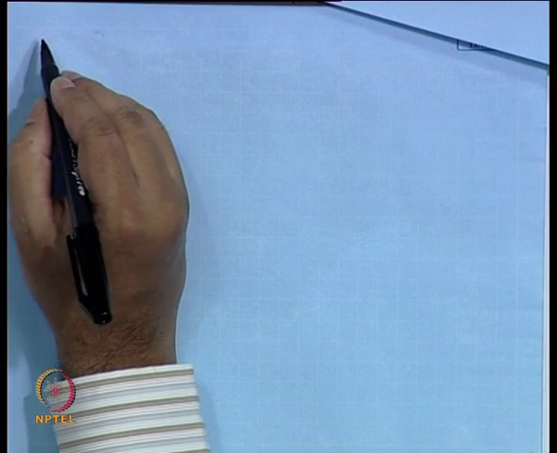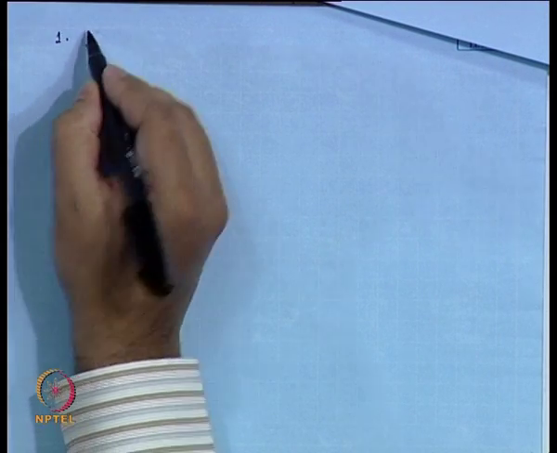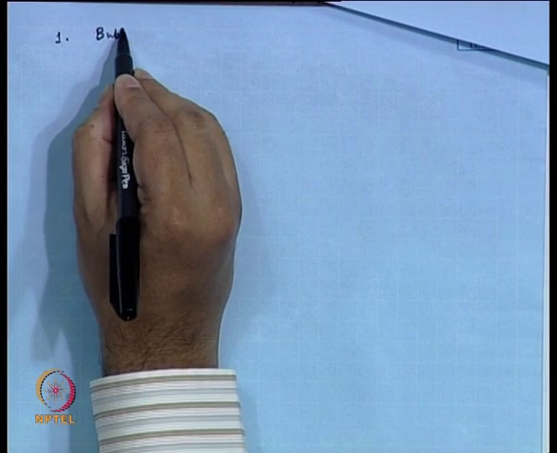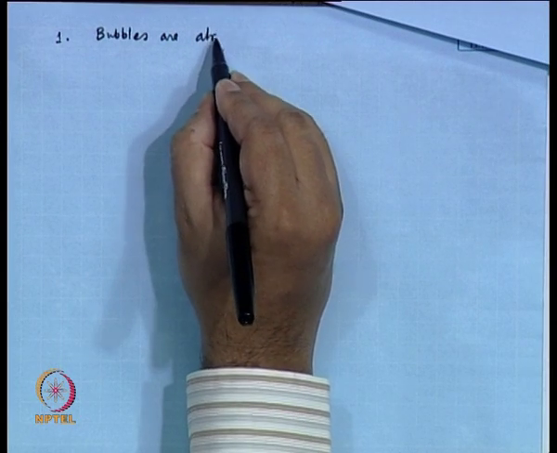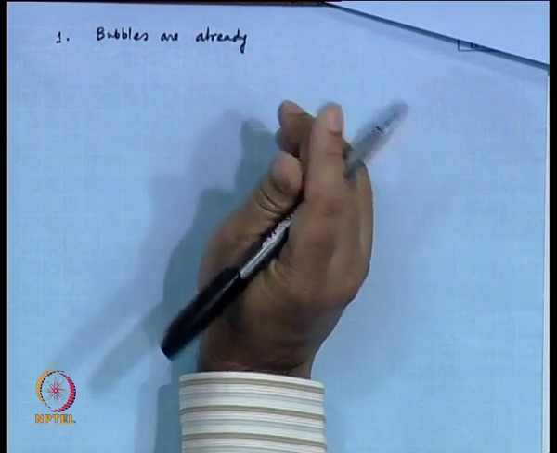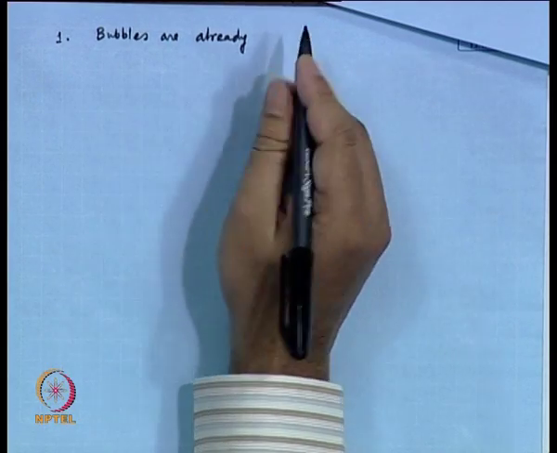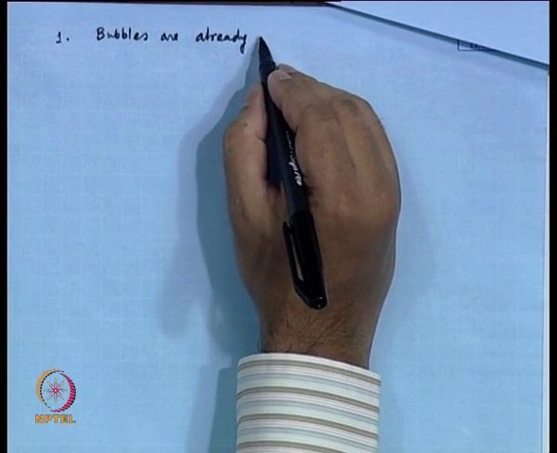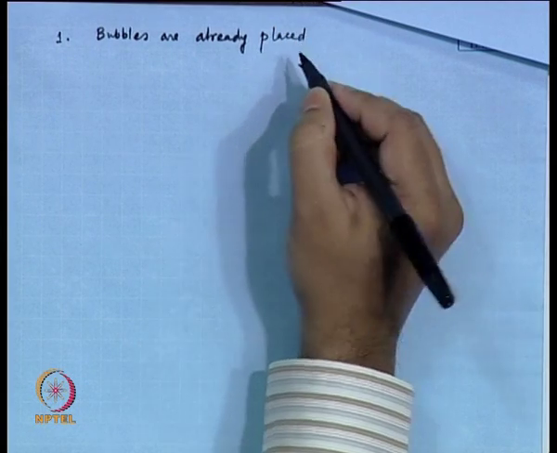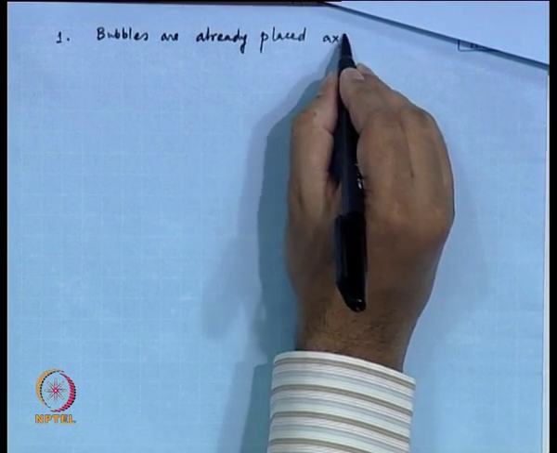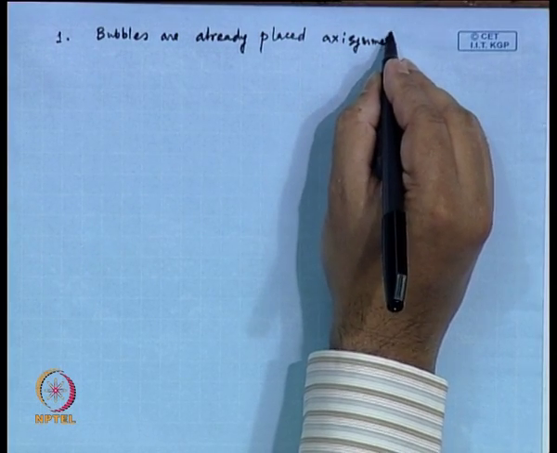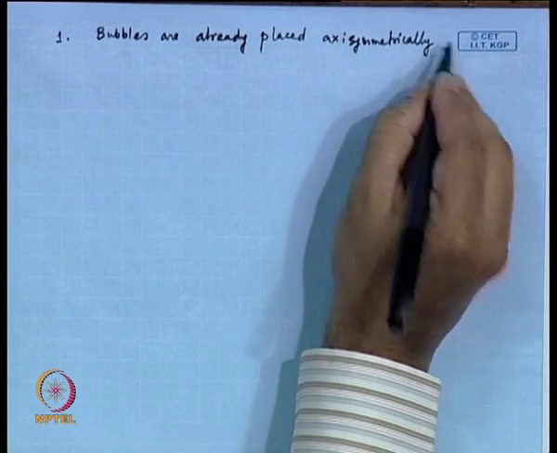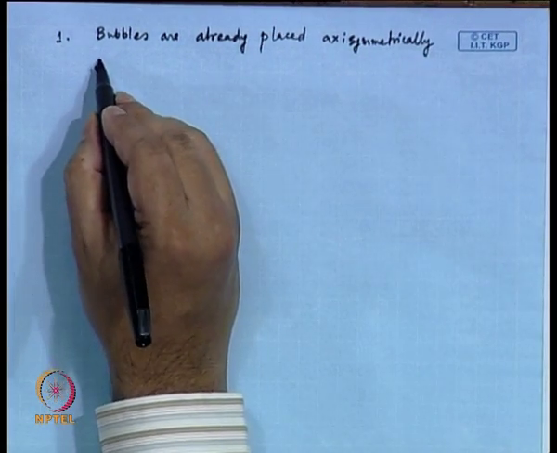One is that bubbles are already placed. When you get into this pressure drop calculation, your frame of reference is that bubbles are already placed axisymmetrically within the channel.